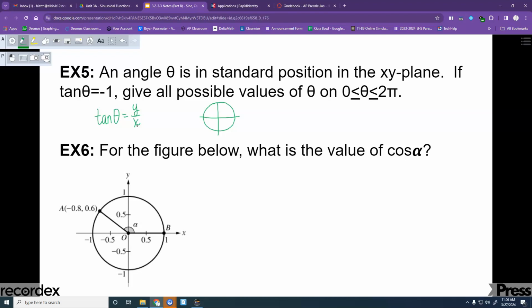Okay? It's going to be in the second quadrant. Over here, it's going to be the one that splits this in half, right? And it's going to be the fourth quadrant. Over here, it's going to be the one that splits this in half, right? So which one is this one? What's the angle for this one in the second quadrant? 135.